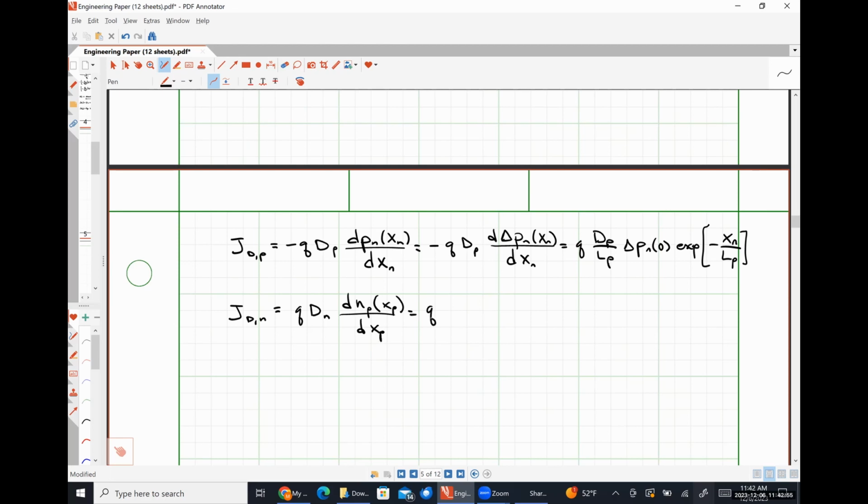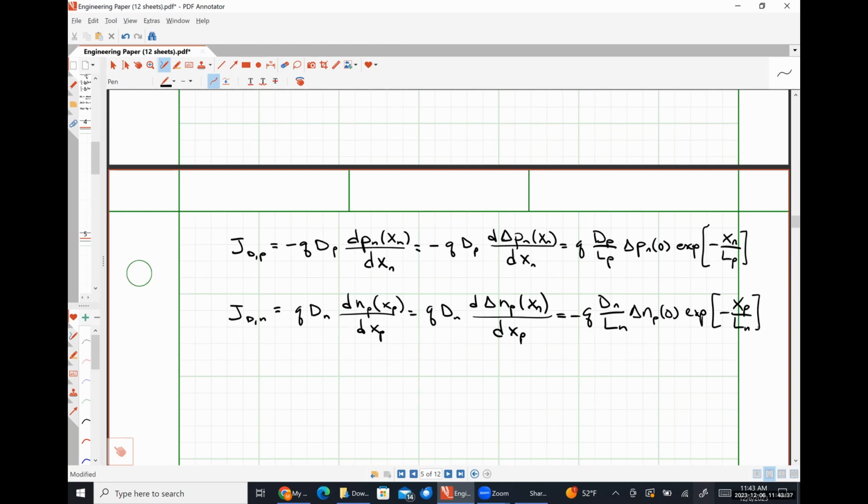So this is going to look like Q D_N times the derivative of delta n_p of x sub p, divided by dx_p, which comes out to be negative Q D_N over L_N, delta n sub p at 0, exponential of negative x sub p over L sub n.